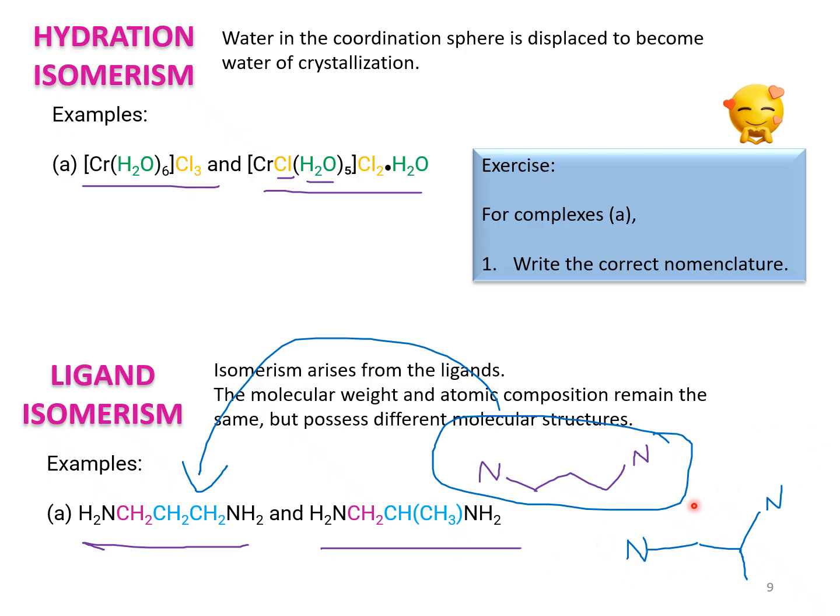However, the molecular weight is the same. It just relocates the position of the amino group. So this is also an isomer of propylene diamine. Both are diamines, but one is a simple long chain and the other one is a branched structure. Now that is what a ligand isomer is about.